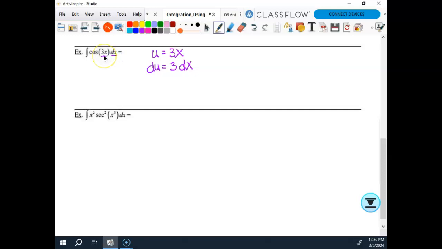This 3 doesn't count for me, right? So I'm going to have to multiply by 3, which means what do I do on the outside? 1/3. Good. So I'm going to rewrite this as 1/3 times the integral of the cosine of u, and then this right here is my du.